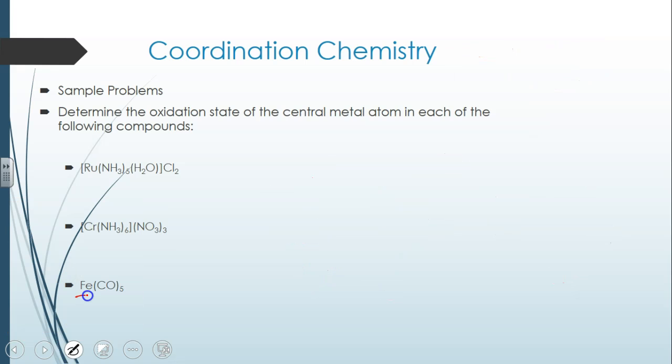Okay, so let's do this last one. This is iron pentacarbonyl, Fe(CO)5. This is a strange one because there's not really anything that seems to be an ion right away. What we know is this thing is carbon monoxide.